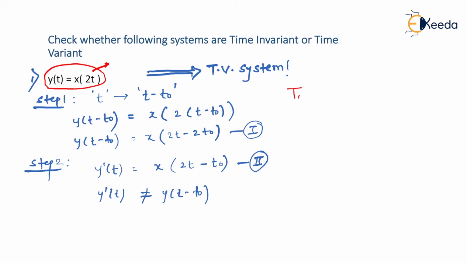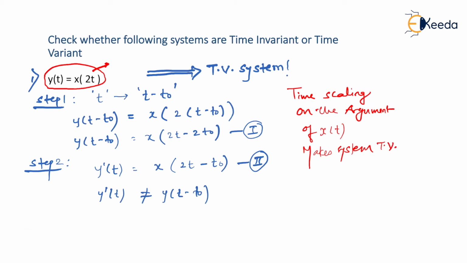Remember, time scaling on the argument of x of t makes the system time variant. Whenever time scaling is taking place on the argument of x of t, you can be sure the system is always time variant, right? So in future, if you observe this, you can write the direct answer instead of following so many steps. Let's start with the next one.